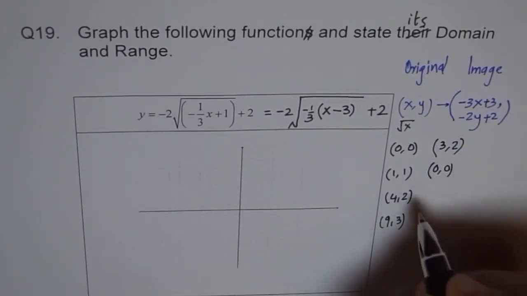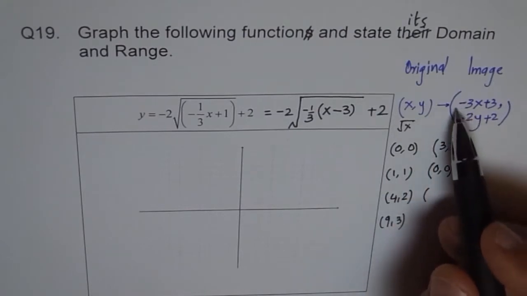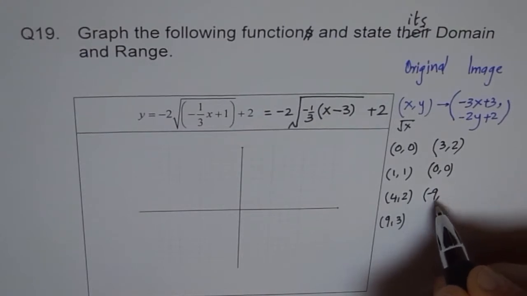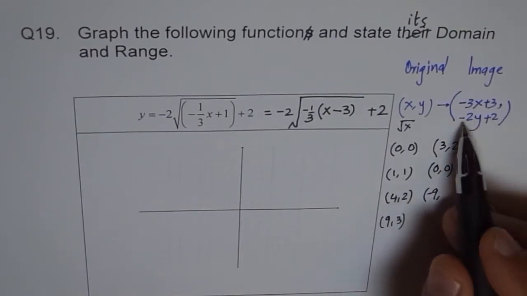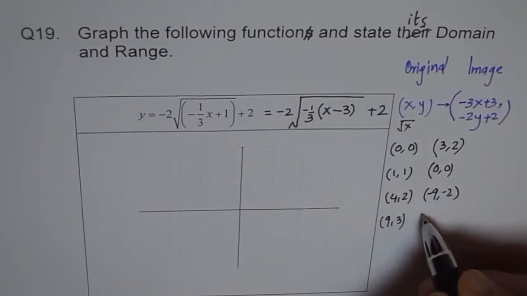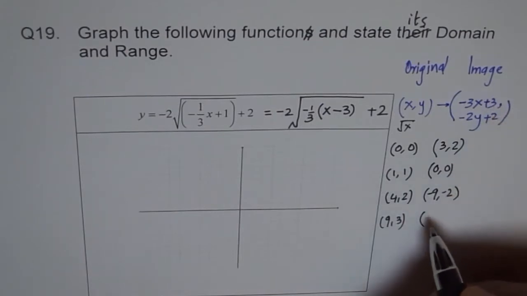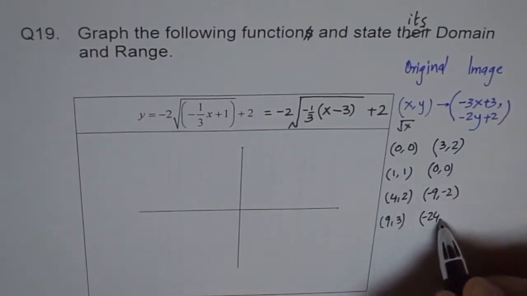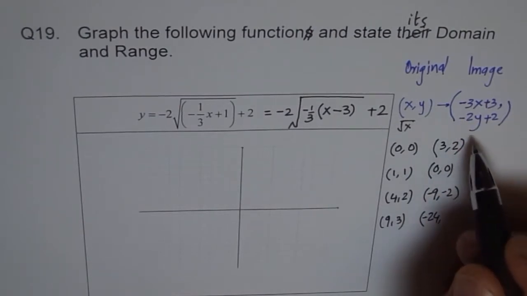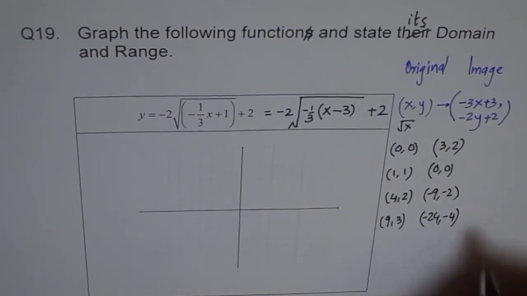You get 0, 0. If I put 4, minus 3 times 4 is minus 12, minus 12 plus 3 is minus 9, and 2 will give me minus 4 plus 2 as minus 2. Now if I plug in 9, minus 27 plus 3 gives me minus 24, and minus 2 times 3 is minus 6, plus 2 gives me minus 4.